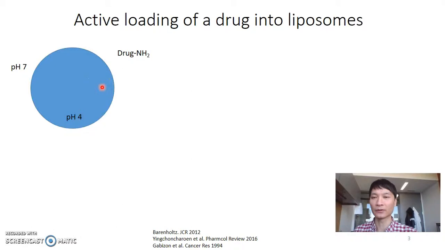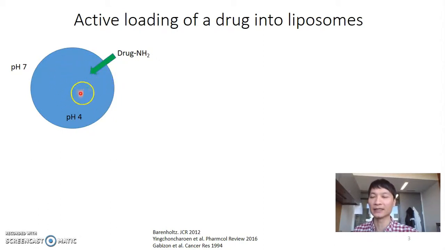When we need to load a weak-base drug, when the drug is dissolved in the higher pH conditions, the drug is mostly in the free, non-ionized form. So it's membrane permeable and can get into the aqueous core of the liposomes.